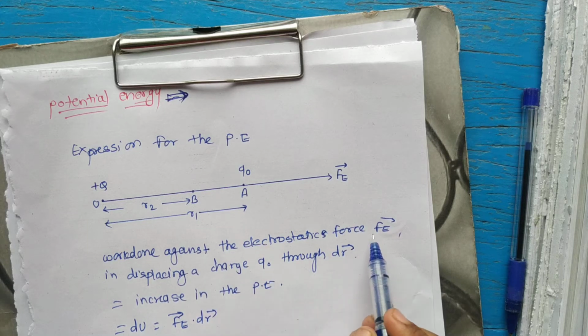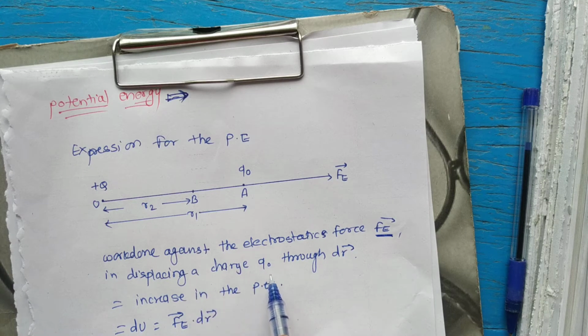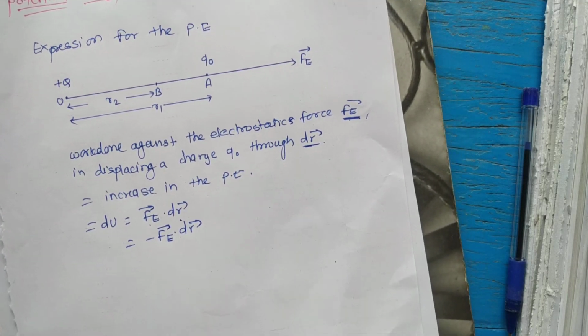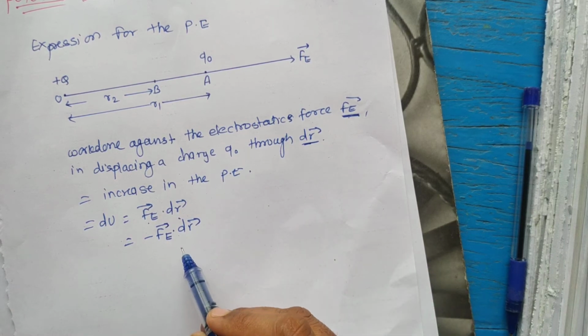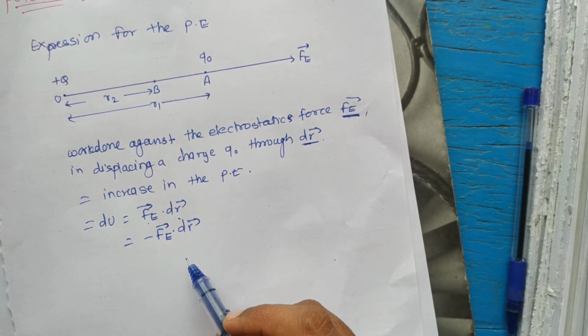Work done is against the electrostatic force Fe bar in displacing a charge Q naught through dr bar, means force is this and displacement is dr. Therefore, work done is equal to force into displacement, minus Fe bar dot dr bar. This negative sign is due to the displacement and force being in the opposite direction.